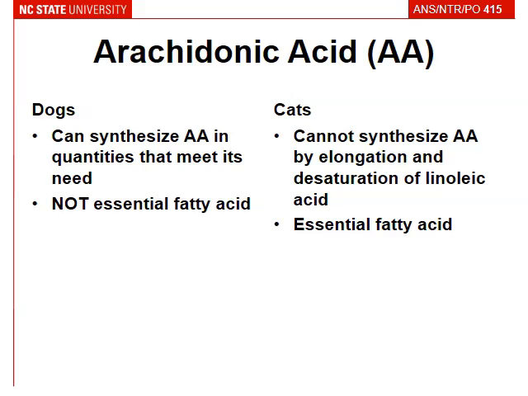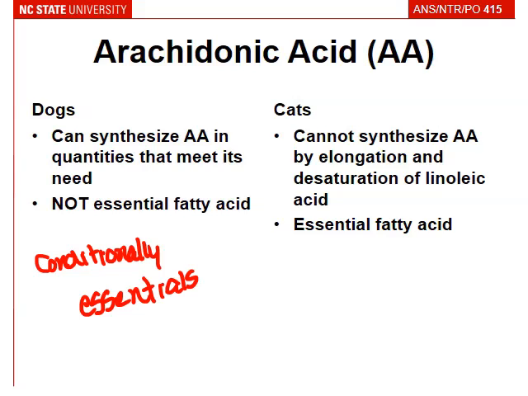So as mentioned before, arachidonic acid is conditionally essential for omnivorous animals. Many people think that dogs are obligate carnivores, but they are not. Because dogs are omnivorous, they can actually synthesize arachidonic acid in quantities to meet their needs.